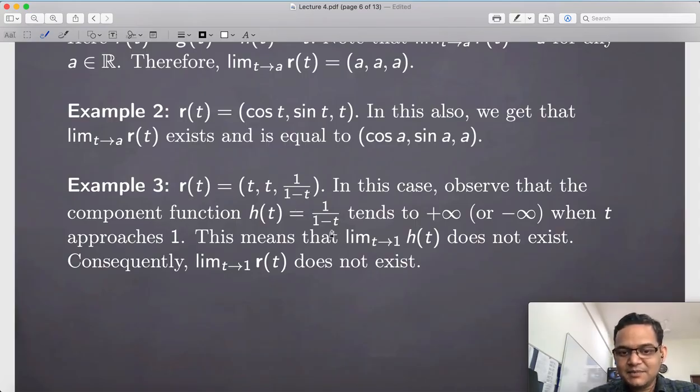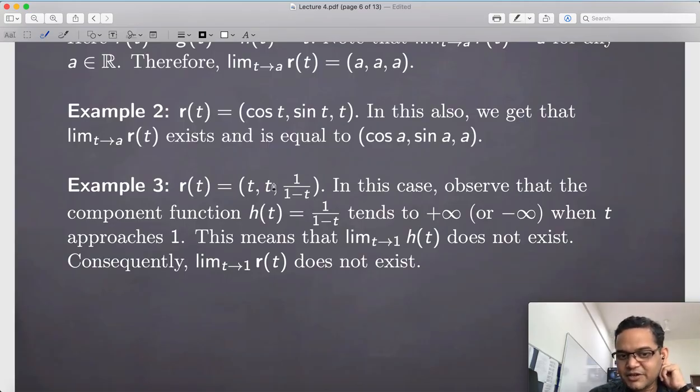So if I approach 1 from right or left, accordingly we will get plus infinity or minus infinity. If the denominator is positive, that means t is smaller, that means you are approaching from the left, and you get plus infinity. So the limit is not finite, or it does not exist.